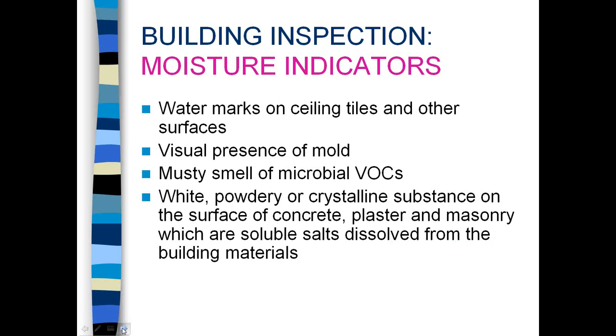And this last one was new to me, and it may be new to you as well: white powdery or crystalline substances on the surface of concrete, plaster, and masonry. These are soluble salts dissolving out from the building materials.